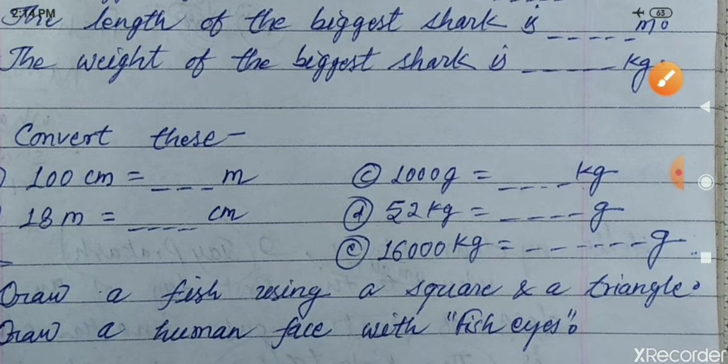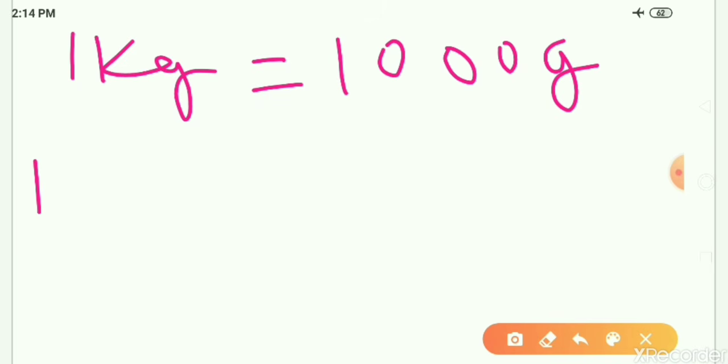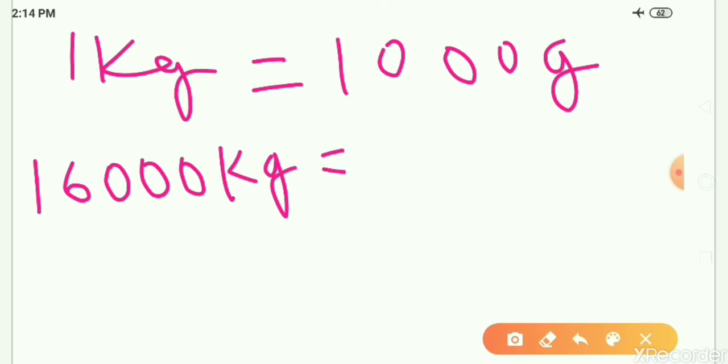Now the last question, E. 16,000 kilogram. Oh, it's a bigger number. So let's convert this into gram. As we know, 1 kilogram makes 1000 gram, right? So 16,000 kilogram is equal to what? Same thing here.